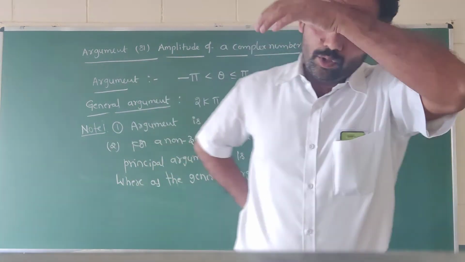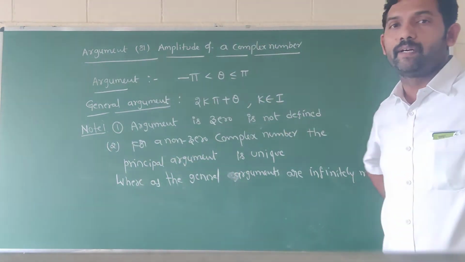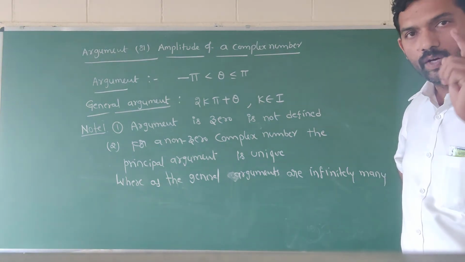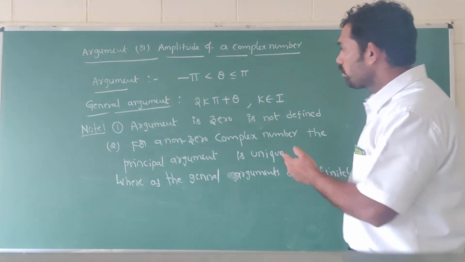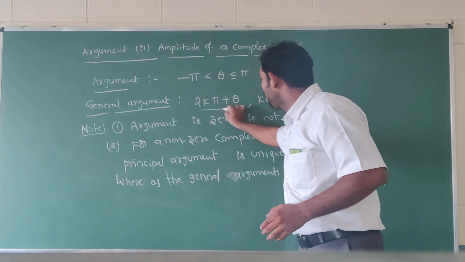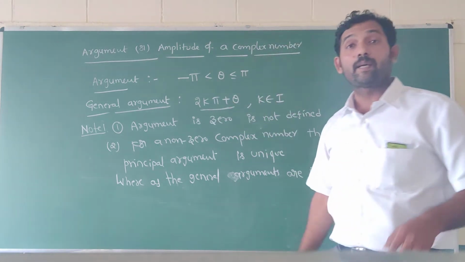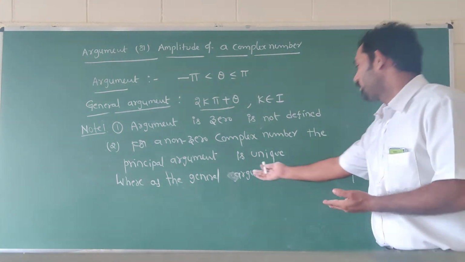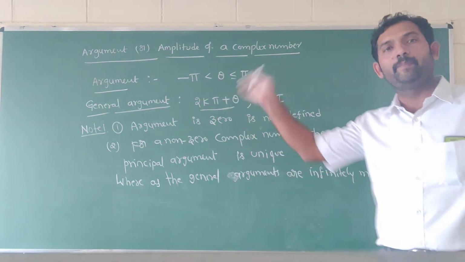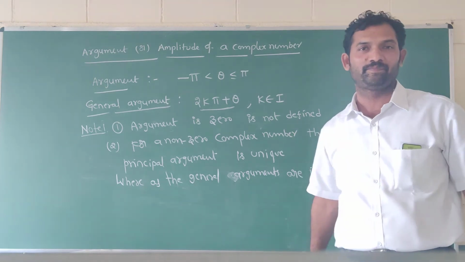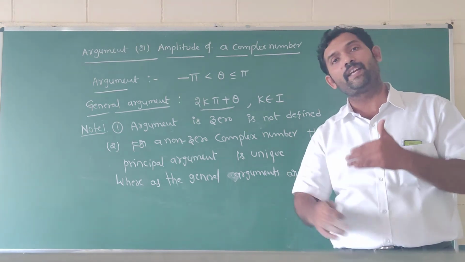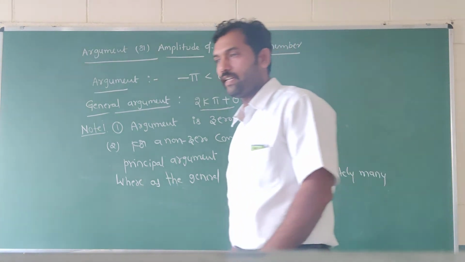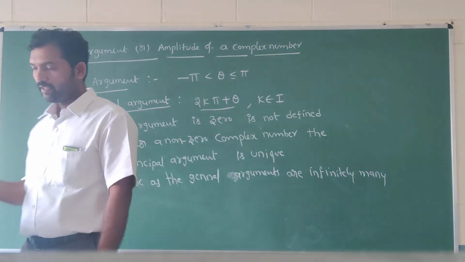So you take any complex number, you have for each complex number one principal argument. Suppose you take the general argument. General argument means infinitely many. General arguments are infinitely many for each complex number. Understand? Right.